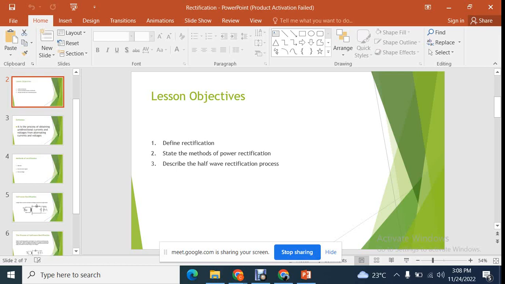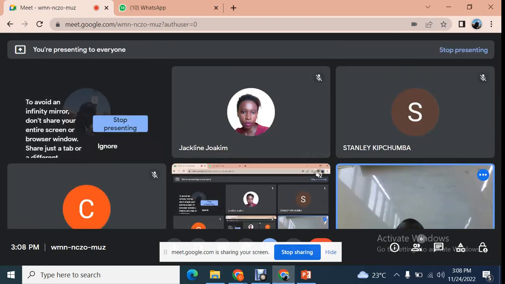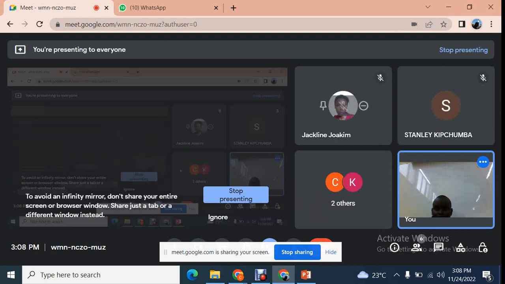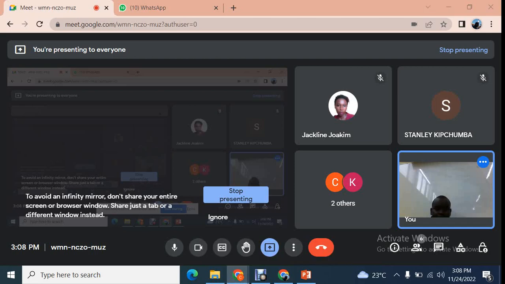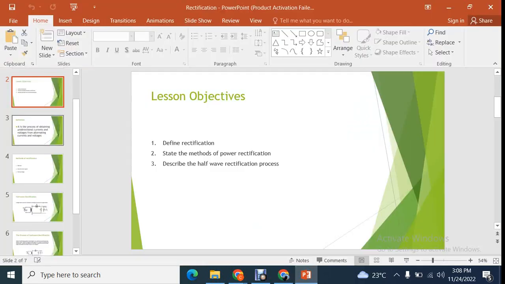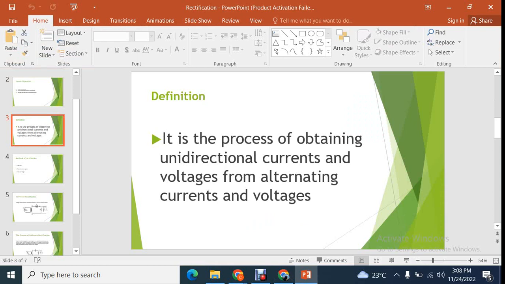Does anyone else have a different view about the same? Okay, like Jacqueline has defined, it is the process of obtaining unidirectional currents and voltages from alternating currents and voltages.